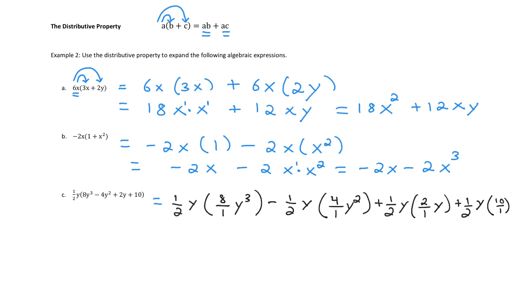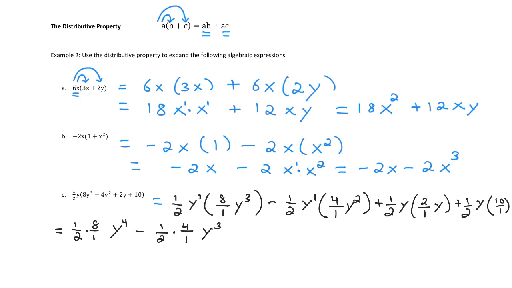Maybe I'll rewrite this. So I'll place the fractions next to each other. So that's 1/2 and then 8 over 1. And here I have a y to the first and a y cubed. I know that's going to go to y to the fourth just by adding the exponents. For the next piece, I have 1/2 times 4 over 1. Here I have a y to the first times y squared, so that gives me y cubed.